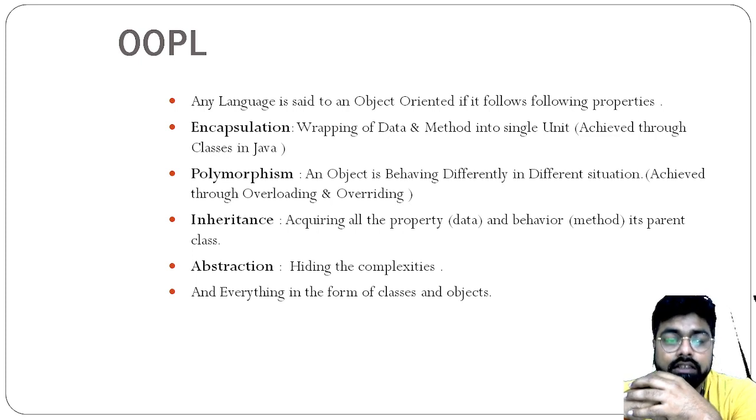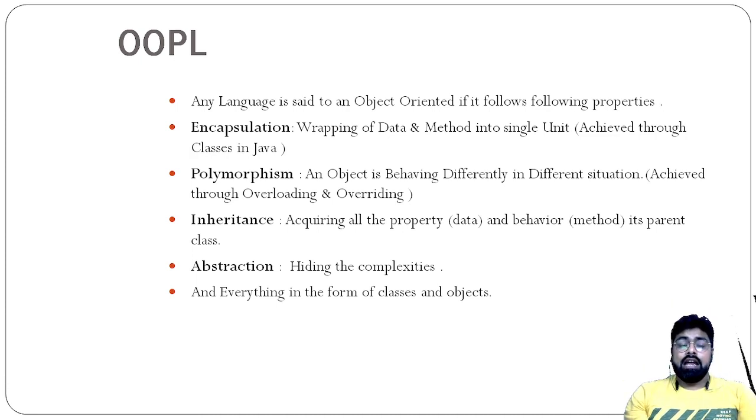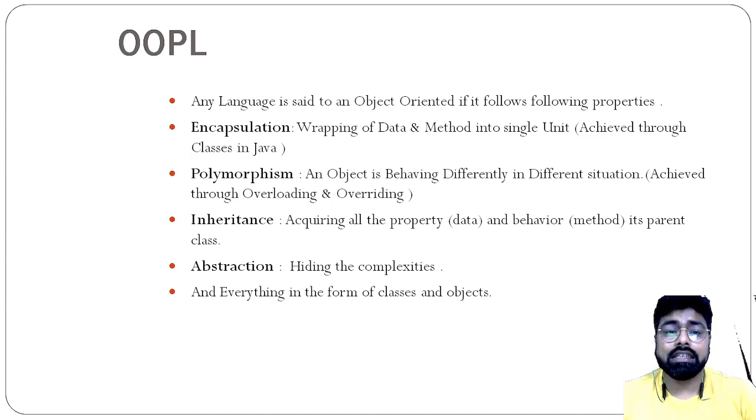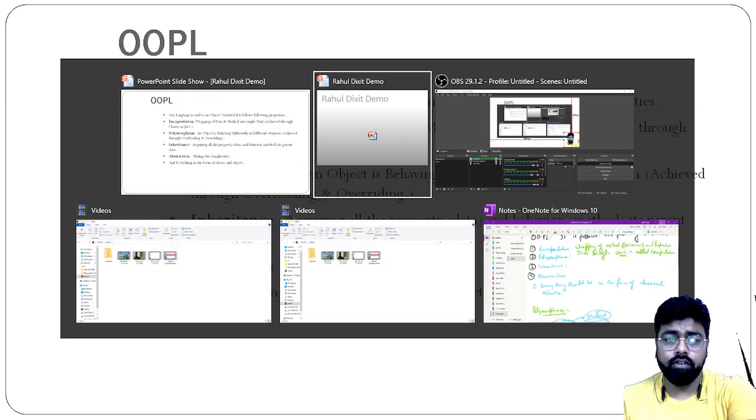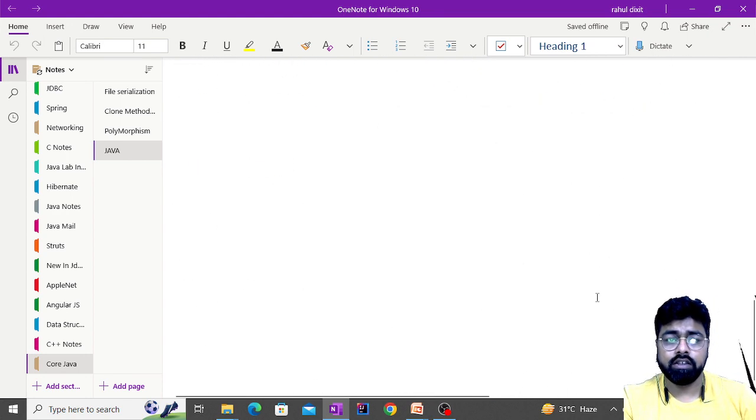And abstraction: hiding the complexities of the data. We are discussing the OOPS concepts, and we will show you layman examples of all these things.